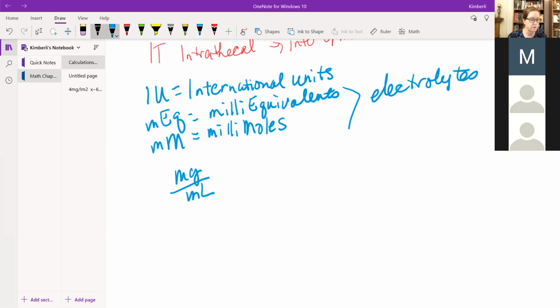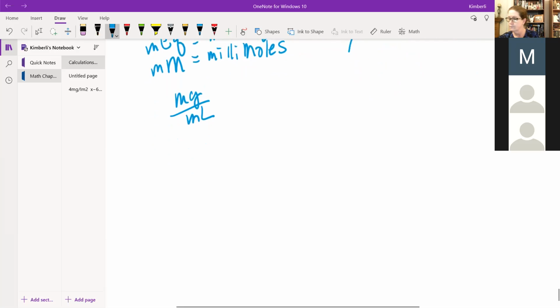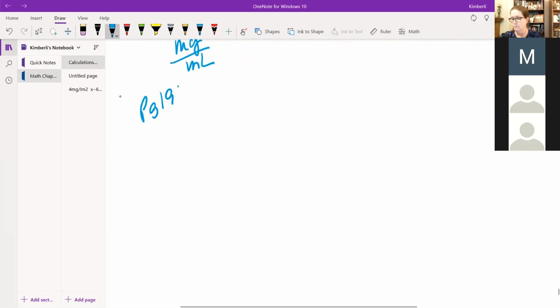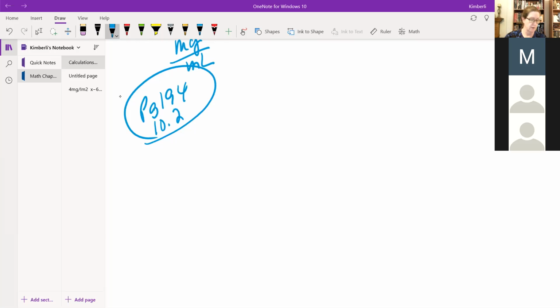So if you go over to page 194, let's look at example 10.2. This is aminophylline.